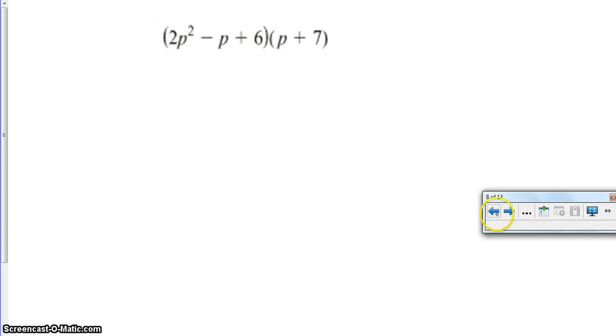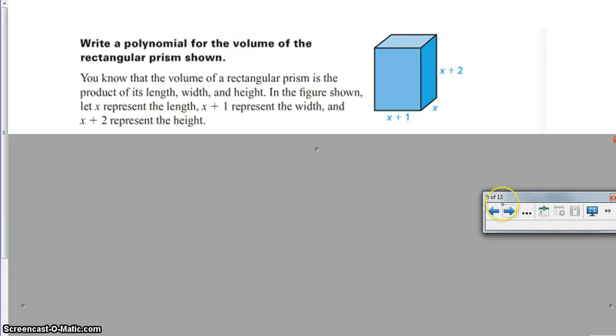Why don't you go ahead and try this one? We'll check it in class. You can also do this finding the volume of a rectangular prism. My suggestion would be to draw a picture.